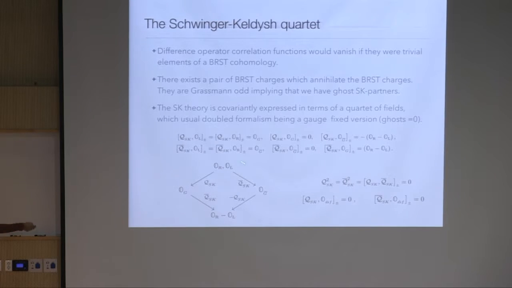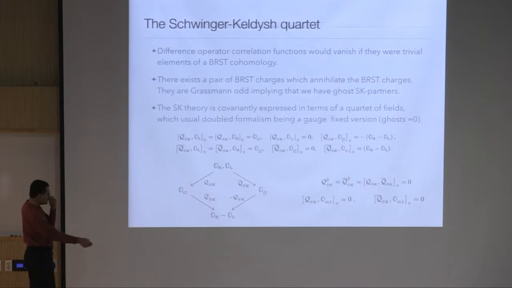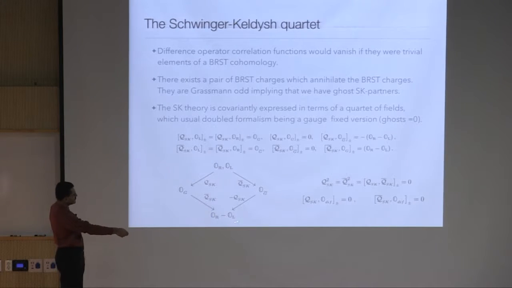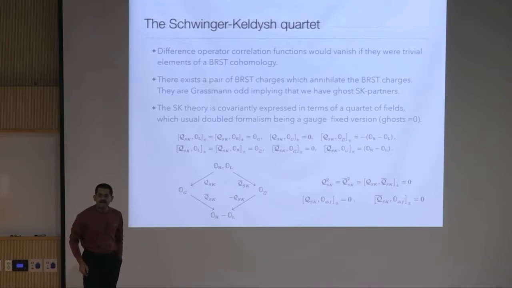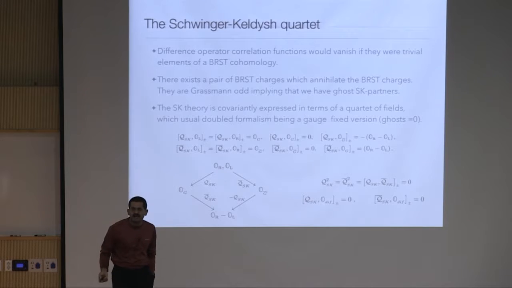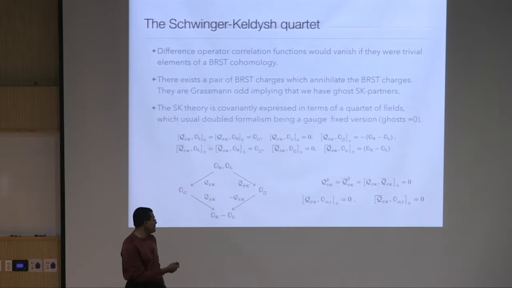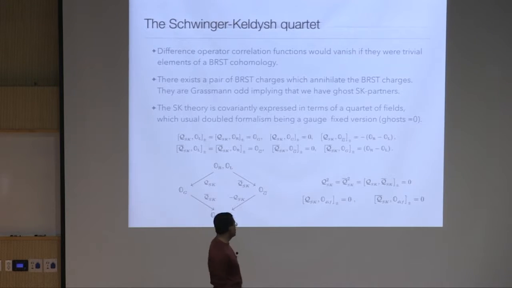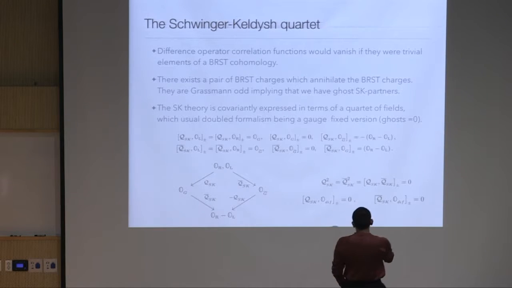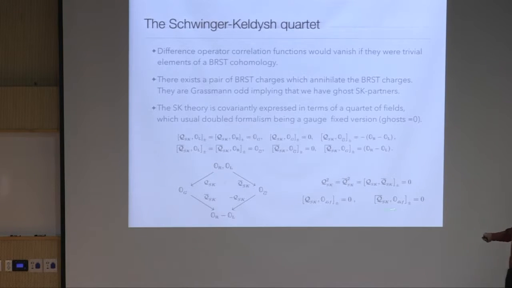What this says is that there is a complex where you can arrive at this difference operator either by taking something which is Grassmann odd and acting on it with the Grassmann odd operator Q_SK, or taking something else and acting on it with Q bar_SK. The BRST charges are exactly the BRST charges in Yang-Mills theory which you are familiar with, except that they are just nilpotent here, and this statement is all we care about. The difference operator is BRST exact, and these charges are nilpotent.